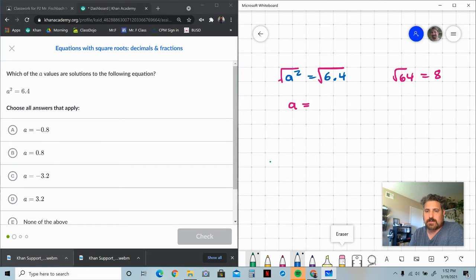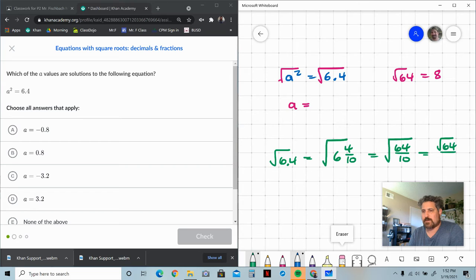So the square root of 6.4 is the same as the square root of 6 and 4/10, which is the same as the square root of 64/10, which is the same as the square root of 64 all over the square root of 10. So that's its real value. And the square root of 64 is 8, and the square root of 10 is the square root of 10. So this is going to be 8 over the square root of 10.